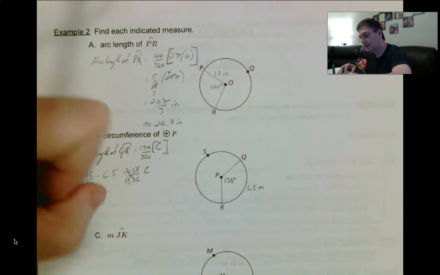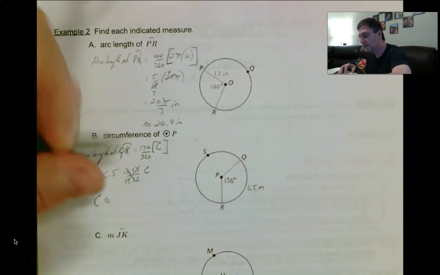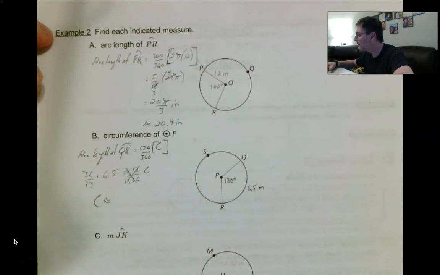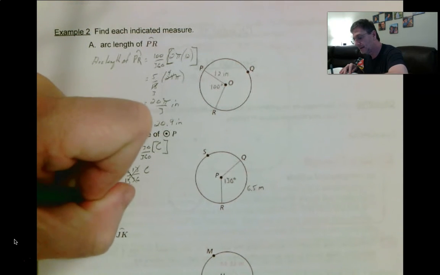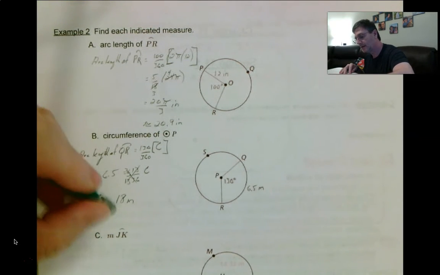C is going to equal approximately 36 times 6.5 divided by 13 equals exactly 18 meters. Change that to an equals.